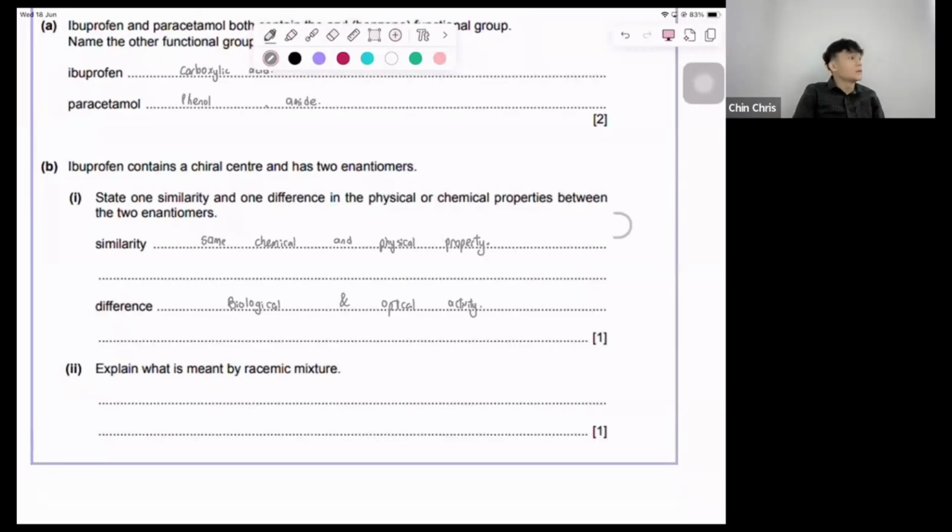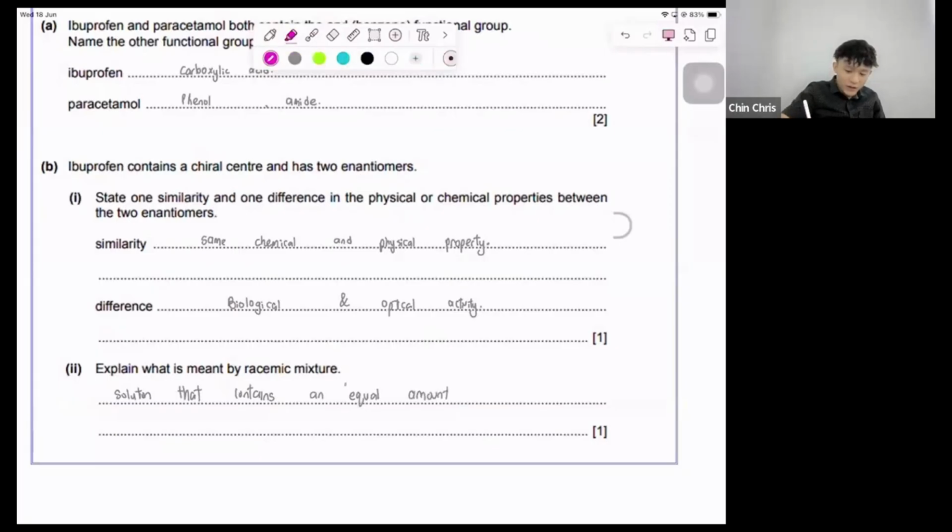Understand? Alright, guys, next. What is meant by racemic mixture? I'm not giving you guys the answer, you write it down on your own. A solution that contains, before optical isomer, before mixture, equal amount. Keyword is equal amount.